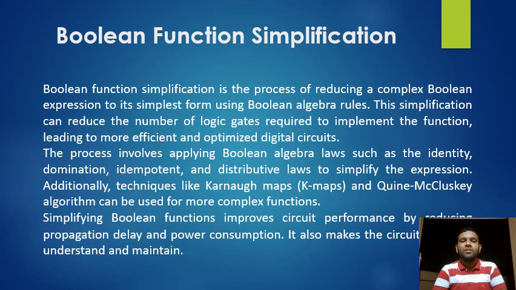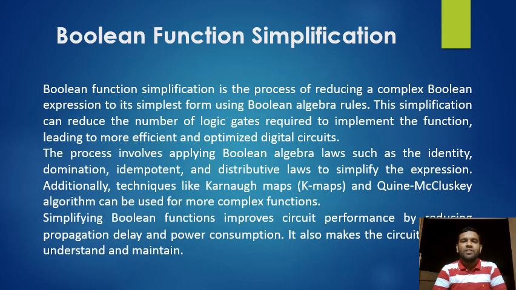This process involves applying Boolean algebra laws such as the identity, domination, idempotent, and distributive laws to simplify the expression. Additionally, techniques like Karnaugh maps and the Quine-McCluskey algorithm can be used for more complex functions.